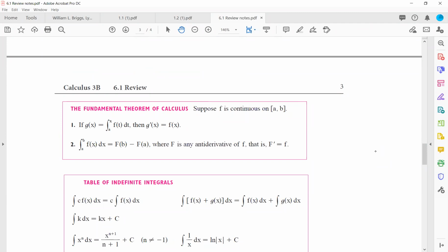If the integral of f of t dt, while t ranges between a to x, is equal to g of x, then you can take the derivative of both sides. Intuitively, the derivative and integral are opposite of each other, and you can cancel out the integral by taking its derivative, and it's equal to f of x.